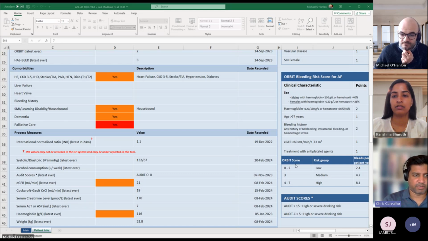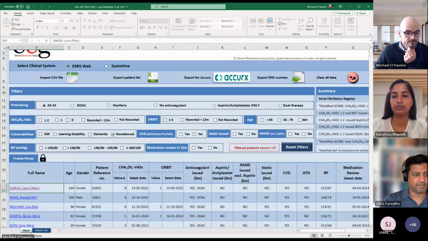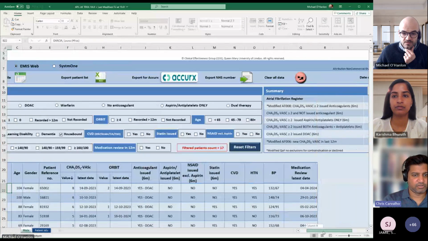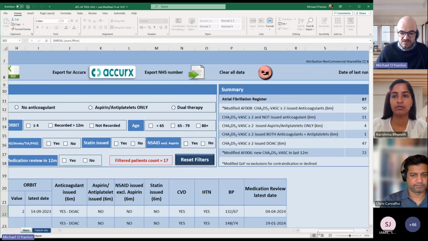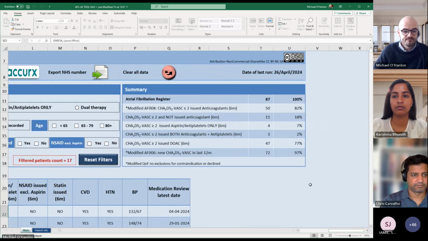The other thing also, sorry, Mike, back on the main page, on the right in the summary. Could you just show that again? Yeah, let me just zoom in so that you guys can see. So you get a table here with the summary information. So everyone that's on your register, and then that's broken down by various key subgroups.